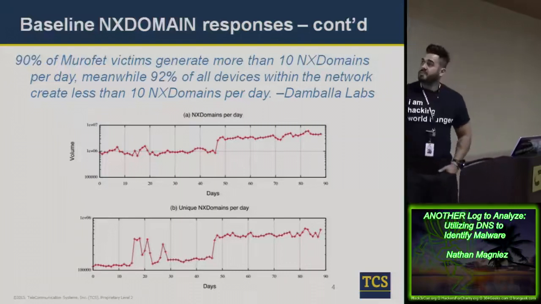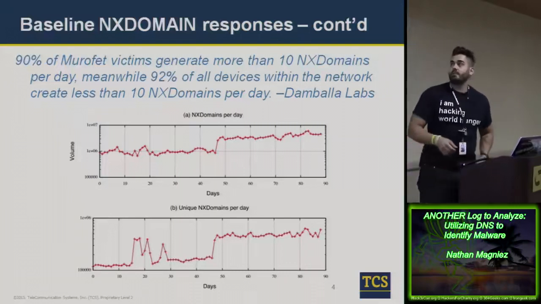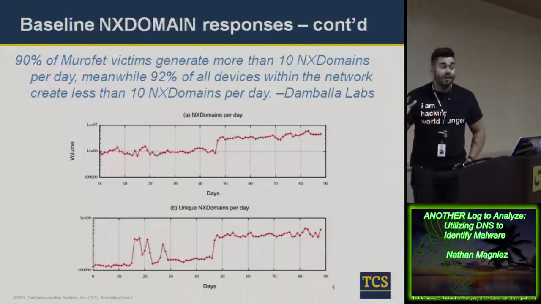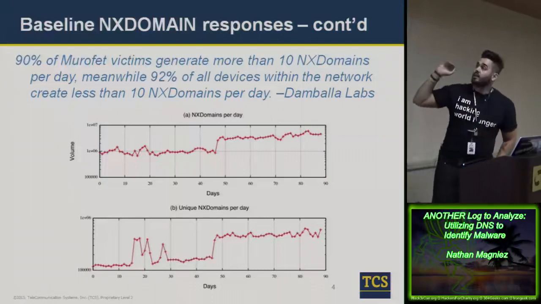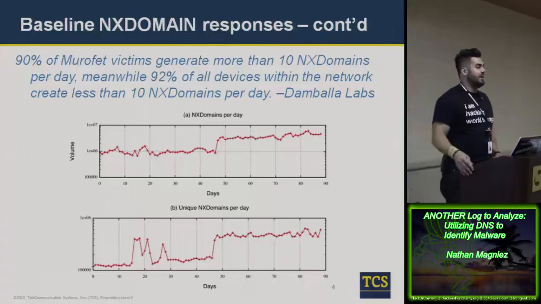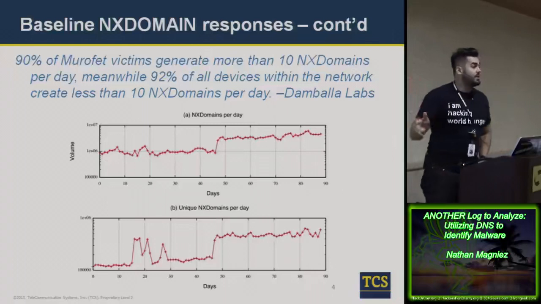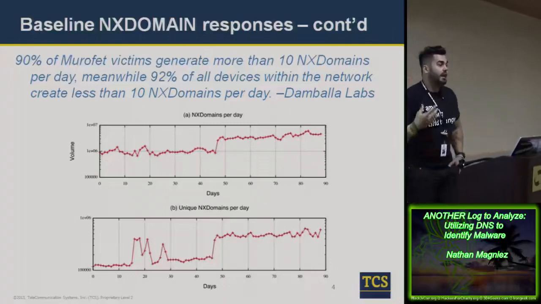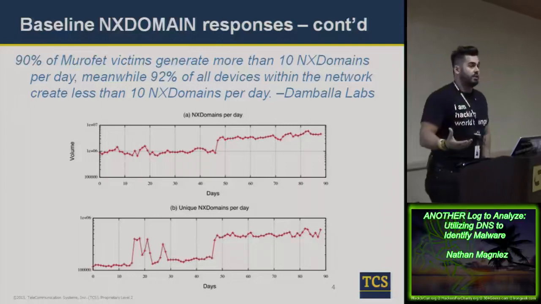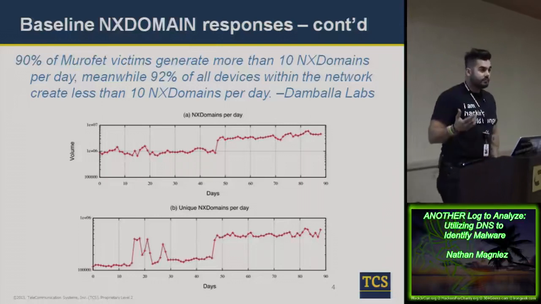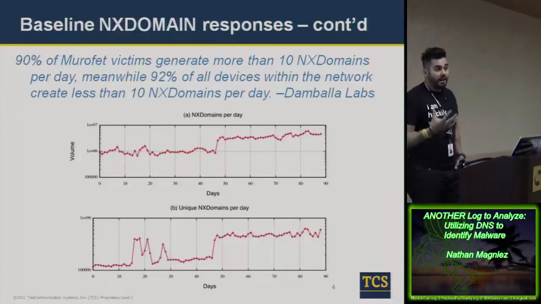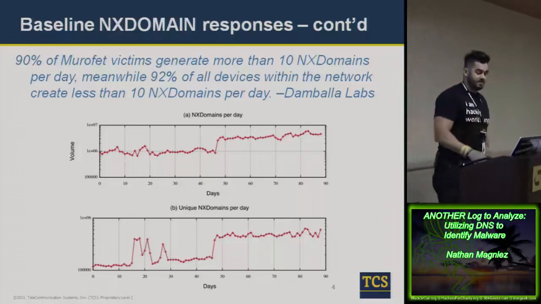To quote them specifically, they said 90% of Mirfet victims out there generate 10 NX domain responses per day, while 92% of all devices within the network that they noticed create less than 10 NX domain responses per day. So right there is a pretty good indication of how we can use those NX domain responses to identify potentially infected victims, right? And if we start seeing a spike in traffic, either that guy's got really fat hands or something's going on in his system.